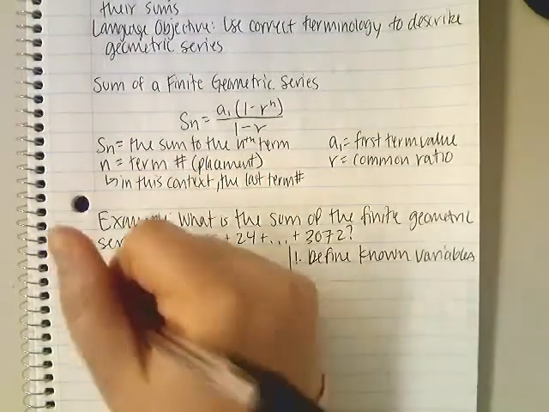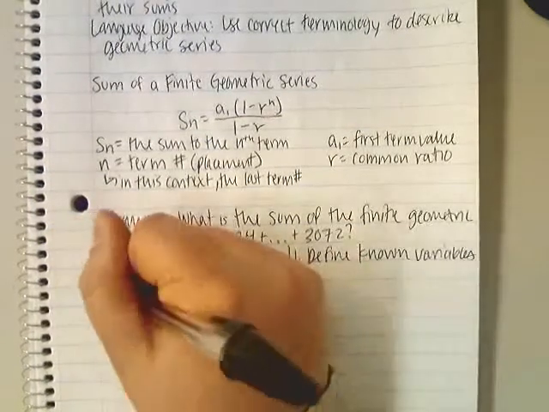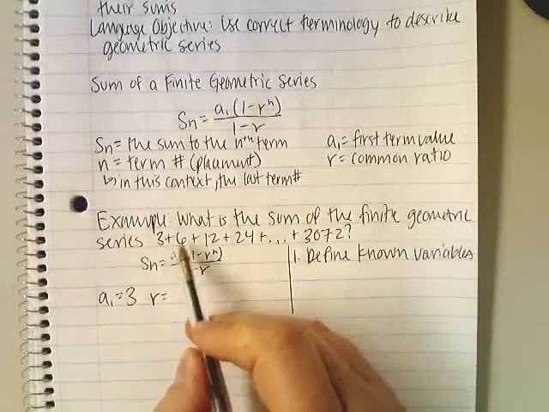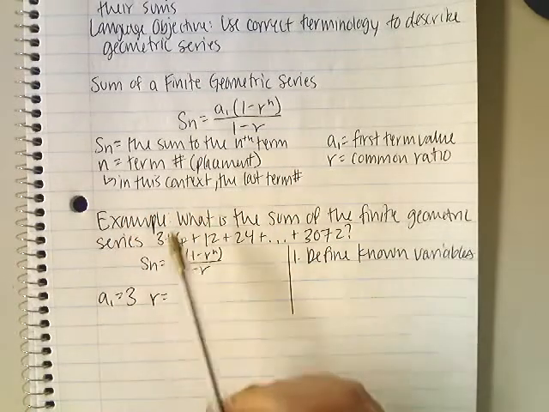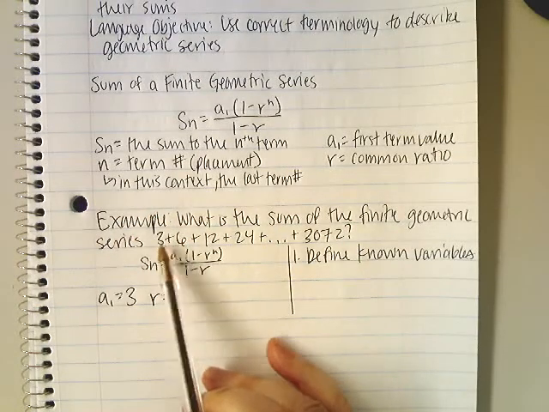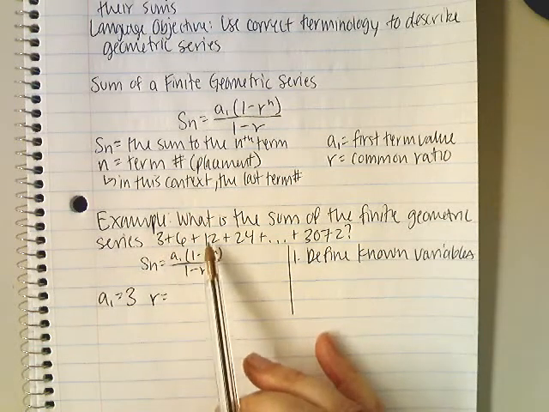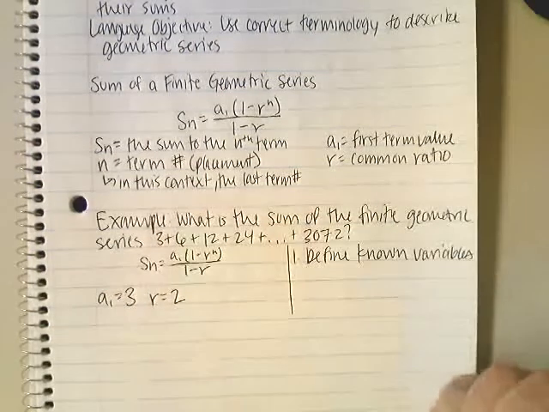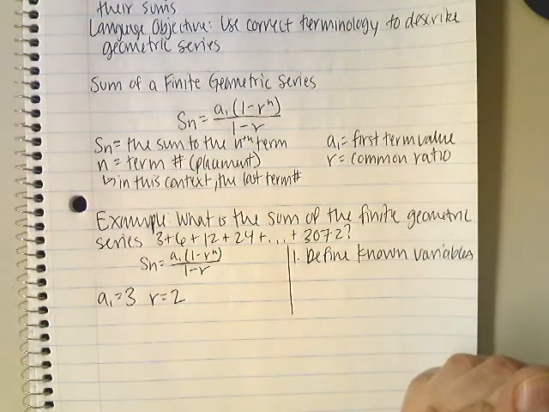I know right away my a1 value is going to be 3 because that's my first term value. My r value I can get by dividing the term by the previous term. So since it's geometric, 6 divided by 3 is 2. If I want to double check it, 12 divided by 6 is still 2, 24 divided by 12 is still 2. So my r value I can confidently say is 2.